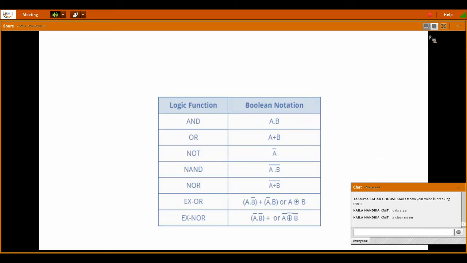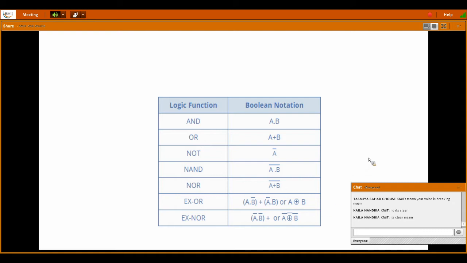Okay, so this is about all the logic gates in the table shown on the screen.